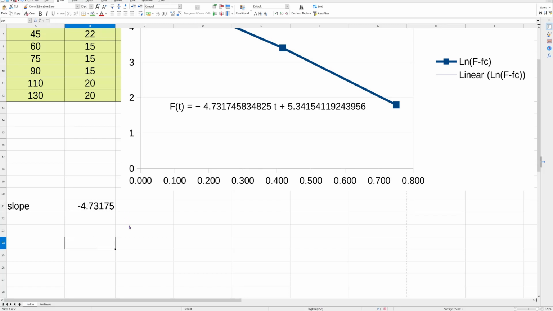Okay, so let me keep it here. So this is the value of slope, or the Horton's parameter kh. Okay, so we have obtained the value of kh.